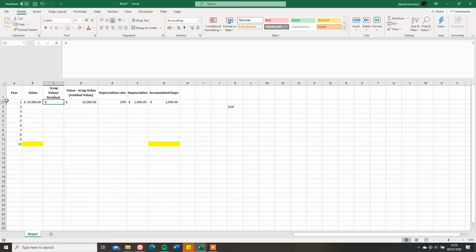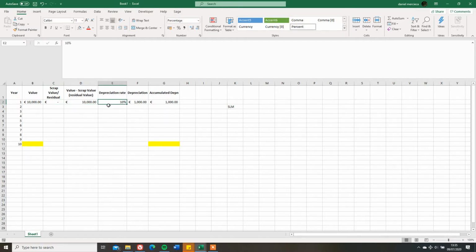So say you have a motor vehicle costing 10,000, at the end of its useful life, you would be able to sell it for 500 euros. Now in this case, we will not be taking any residual value. So 10,000 minus 0 means 10,000.